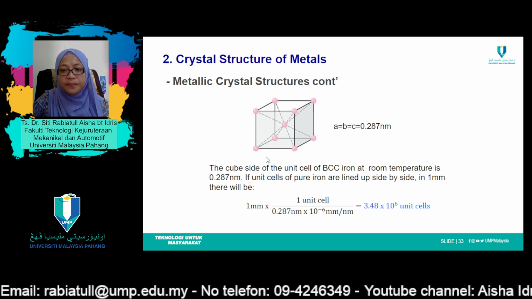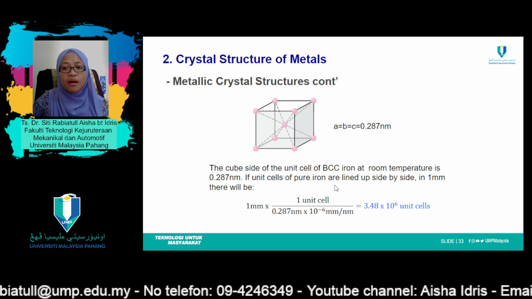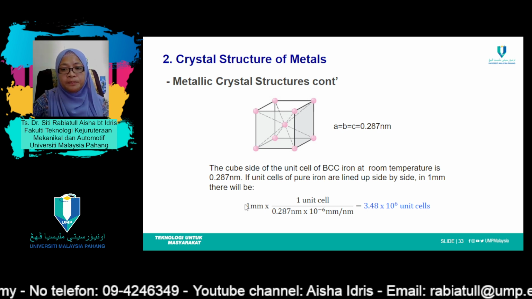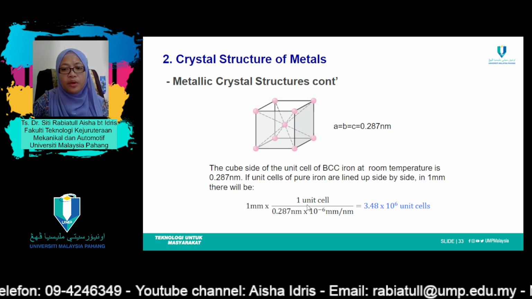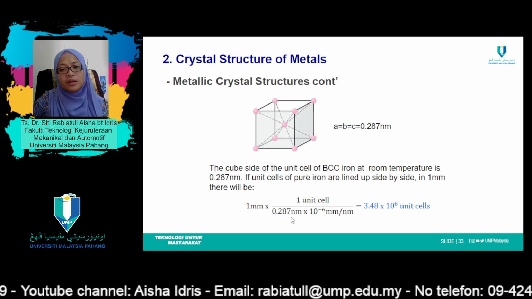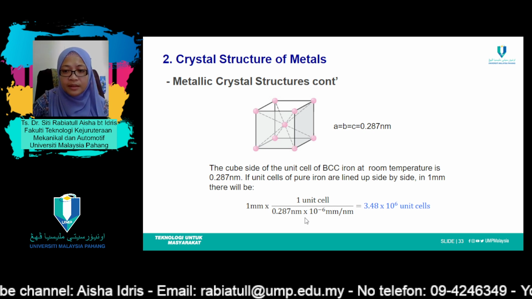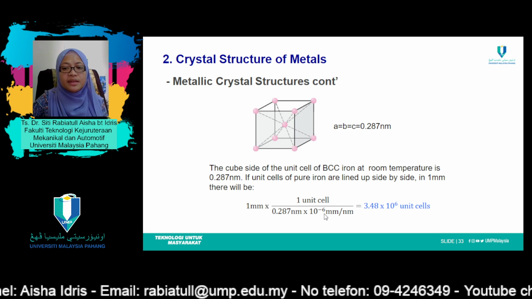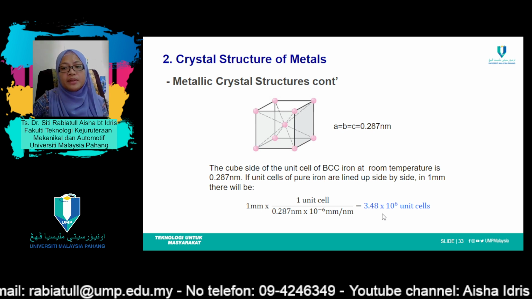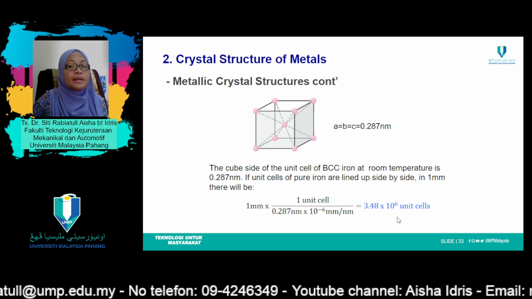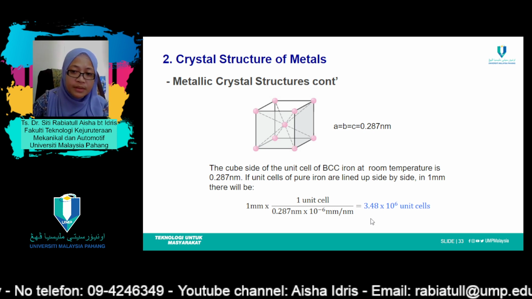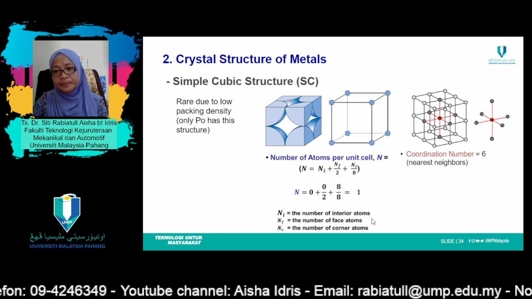If unit cells of pure iron are lined up side by side in 1 mm, there will be 1 mm times 1 unit cell divided by 0.287 nanometer times 10 to the power of negative 6 mm per nanometer, which equals 3.48 times 10 to the power of 6 unit cells. So this is how you calculate the number of unit cells for BCC.